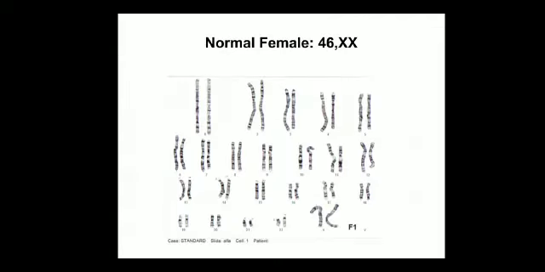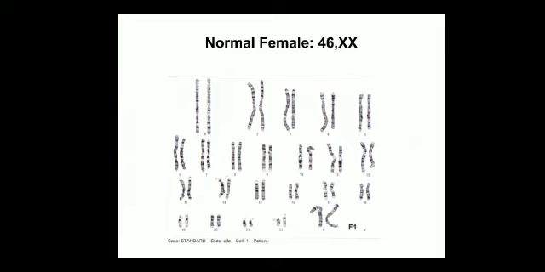So this is the normal female, that is having 46 XX. First we'll see the sex determination. It is also known as genetic differentiation. It refers to the genotype of the fetus, whether it's a male or a female.